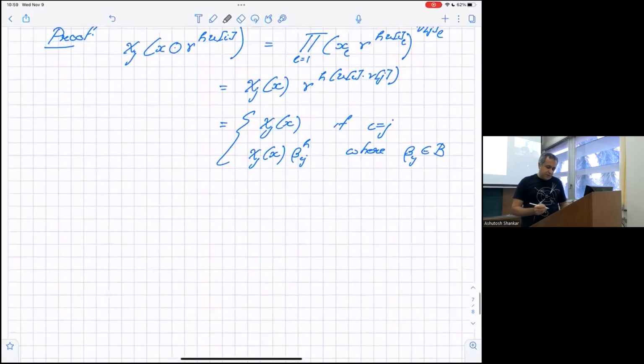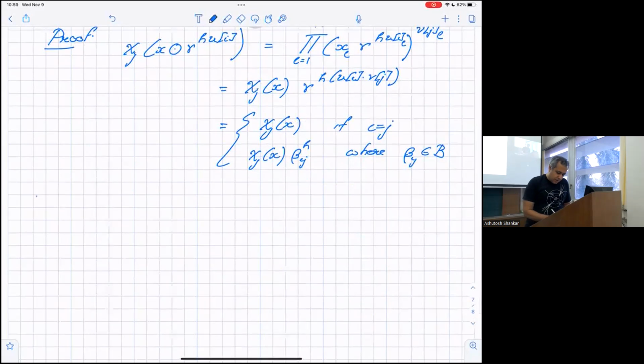Therefore, this basically gives you the following decoder. It suggests the following decoder.